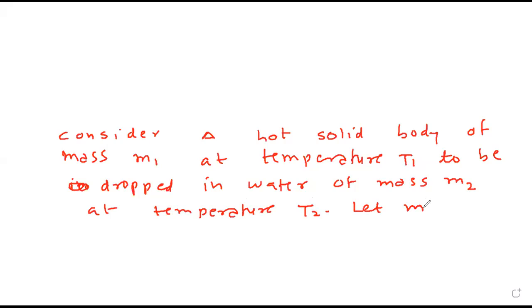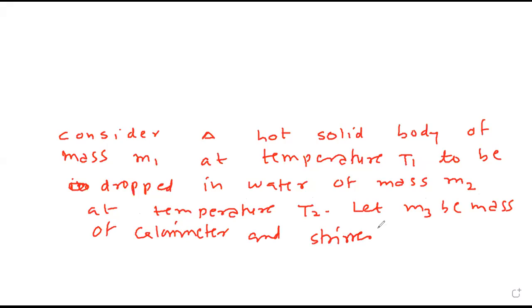Let m3 be the mass of calorimeter and stirrer. Who will lose the heat? The hot solid body, which is at higher temperature, will lose the heat, which will be gained by water and calorimeter and stirrer.